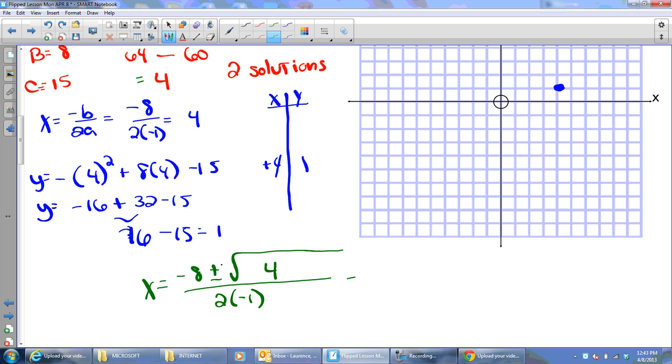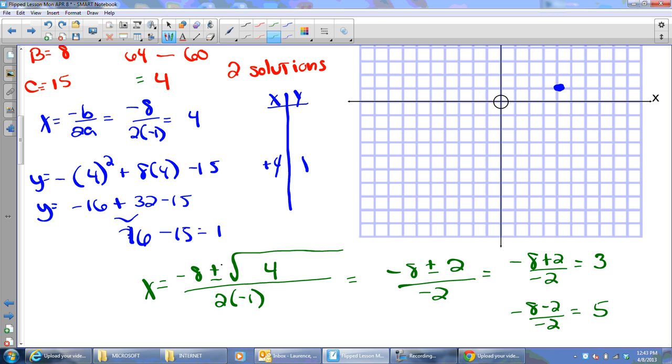Okay, so when I do that, I'm going to get negative 8 plus or minus 2 divided by negative 2. So I'm going to get negative 8 plus 2 divided by negative 2, and negative 8 minus 2 divided by negative 2. Well, this one's going to equal 5. And this one is going to equal 3, I'll bet. So my roots are going to occur here and here.